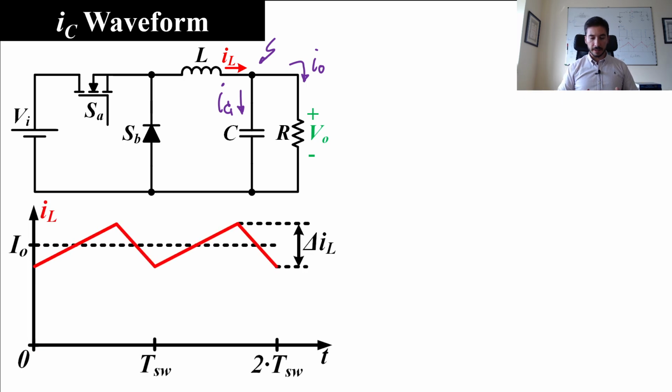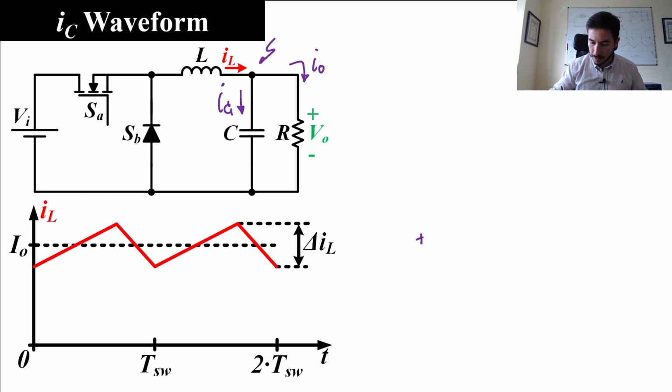We already know that the inductor current is something like this. We have an average value, we have a triangular shape, we have some ripple, and the period is the switching period. And today we are going to highlight 3 points that we already talked about in previous videos, but are important for the analysis we have to do.